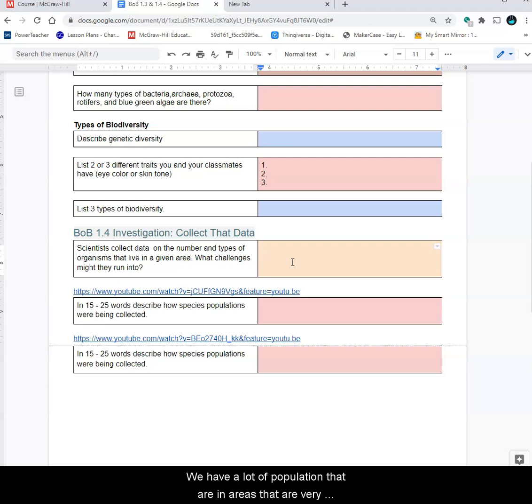We have a lot of populations that are in areas that are very difficult to get to. So trying to count the number of a certain type of goat that lives on a cliff, because that area is very inaccessible to humans. Using a helicopter is going to scare away those populations and species, and they can use their powers of camouflage. They can be very difficult.